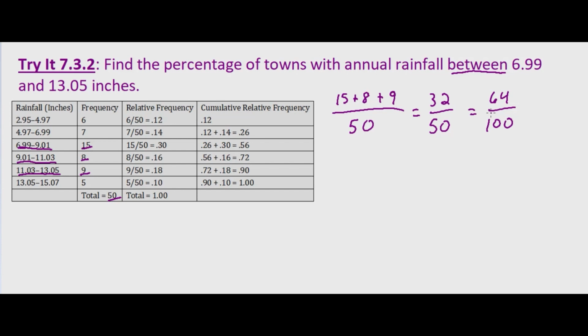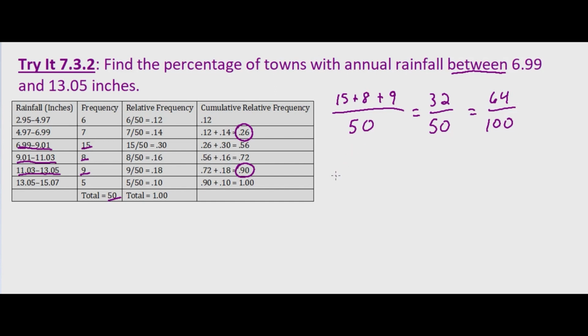Now another way we could do that is to look at the cumulative frequencies and subtract. We know that we have 0.90 for the cumulative frequency up to the last interval we're looking at, 11.03 to 13.05. And we know that the cumulative frequency for the rows before the rows in question was 0.26.